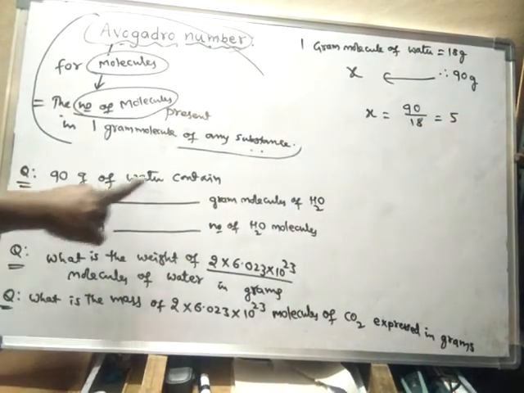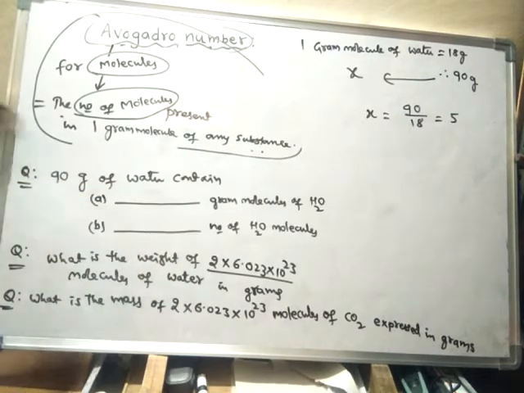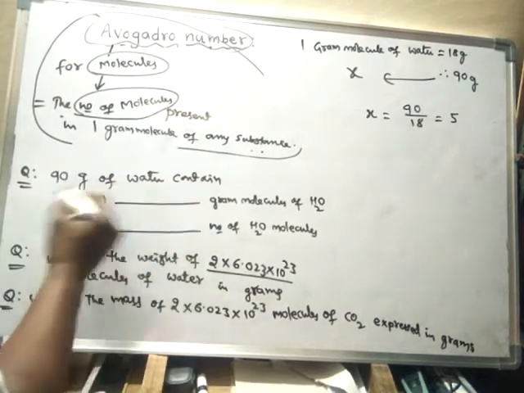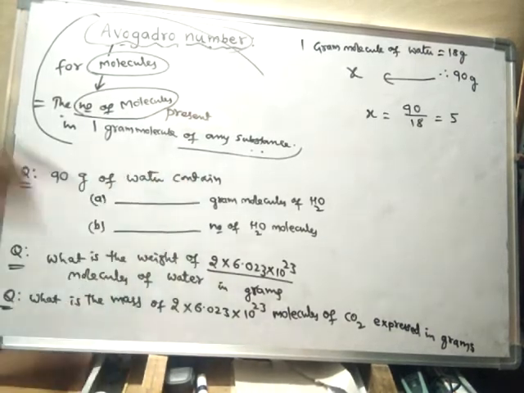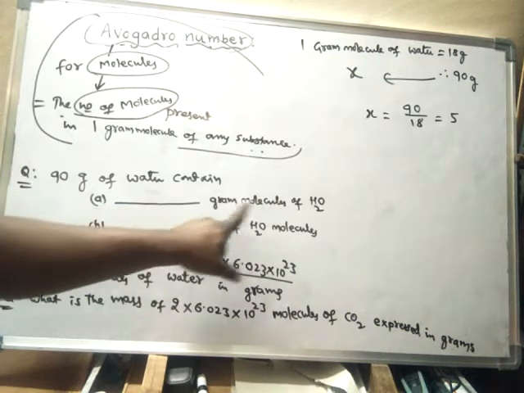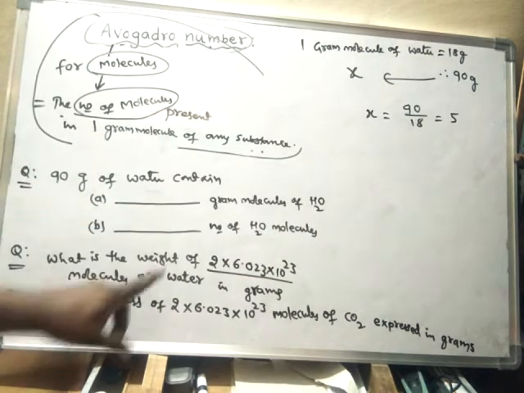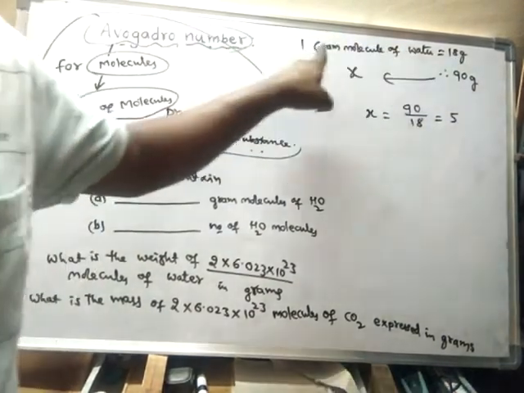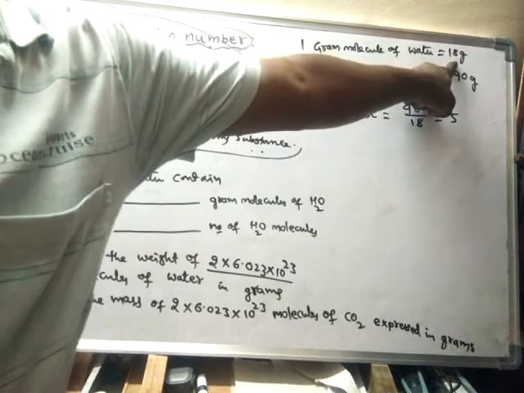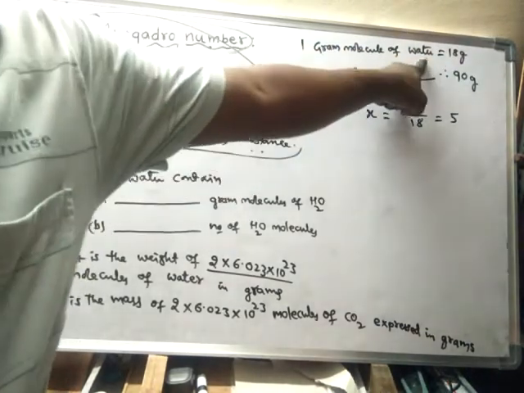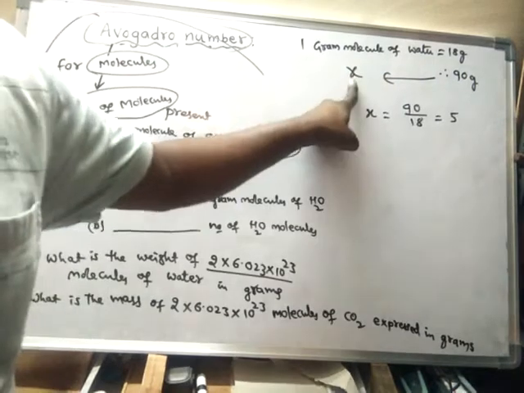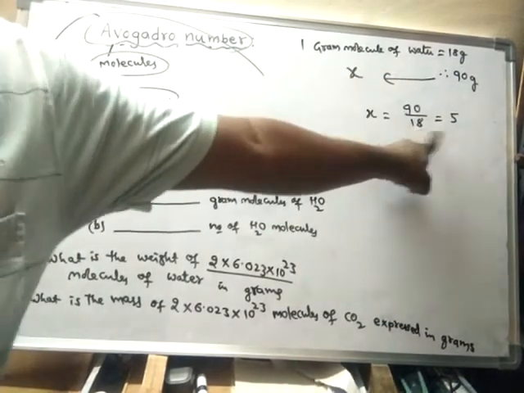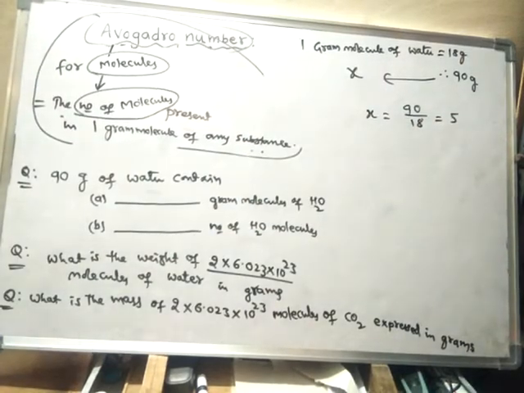So the number of water molecules: 90 grams of water contain dash gram molecules of water. Already we know that 18 grams of water contain 1 gram molecule of water. Therefore 90 grams of water contains how many gram molecules of water? Upon cross multiplying you will get 5 gram molecules of water.